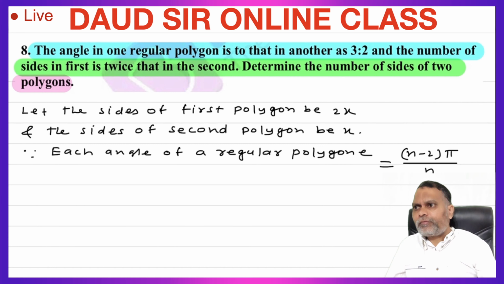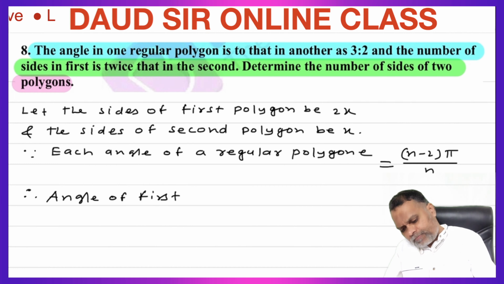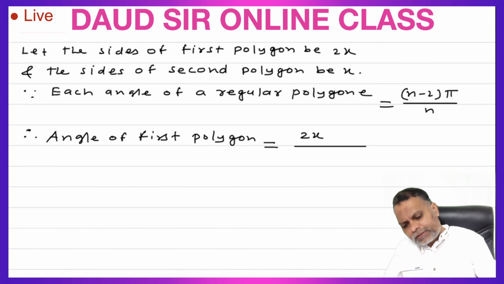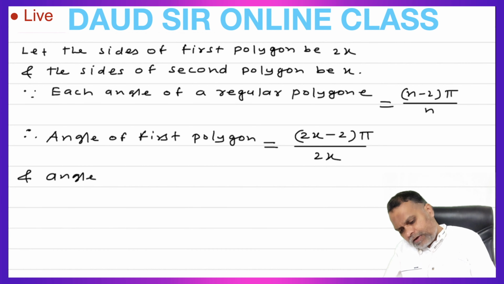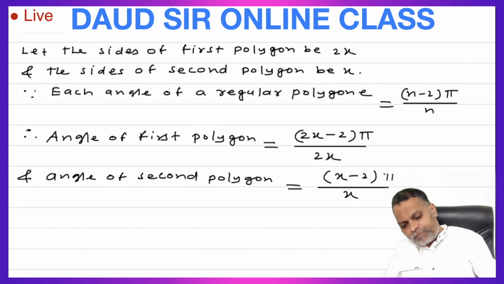So angle of first polygon is equal to, number of sides in first polygon we consider 2x, (2x minus 2) pi upon 2x, and angle of second polygon is equal to n minus 2, n we considered x, (x minus 2) upon x into pi.